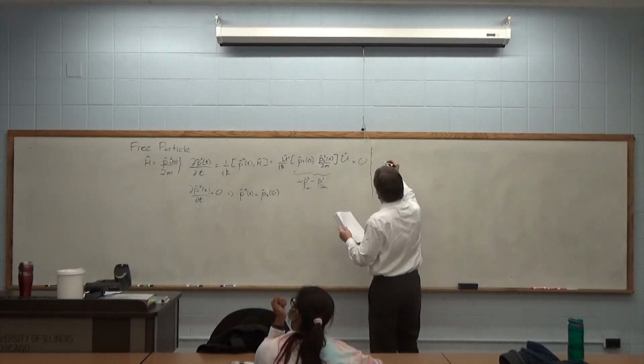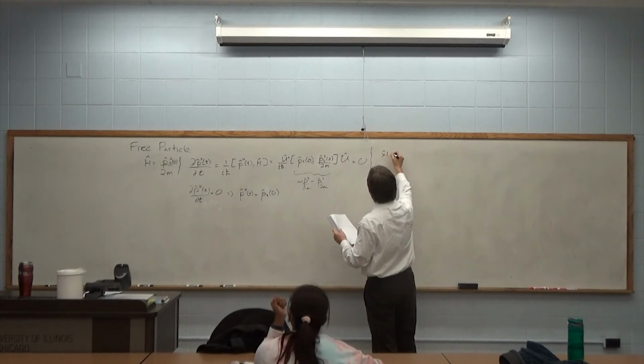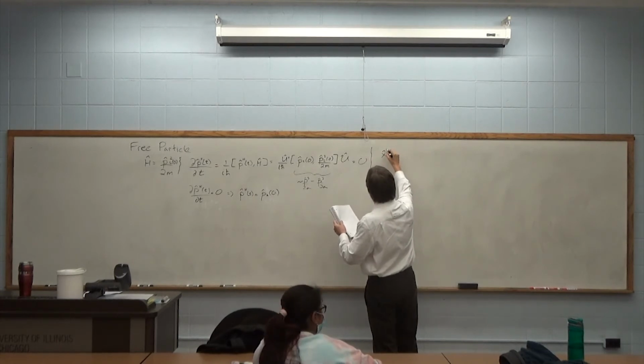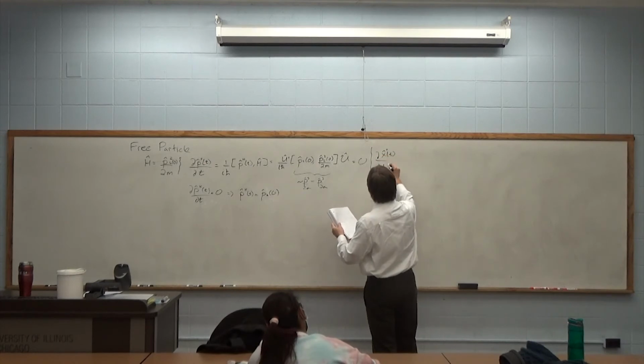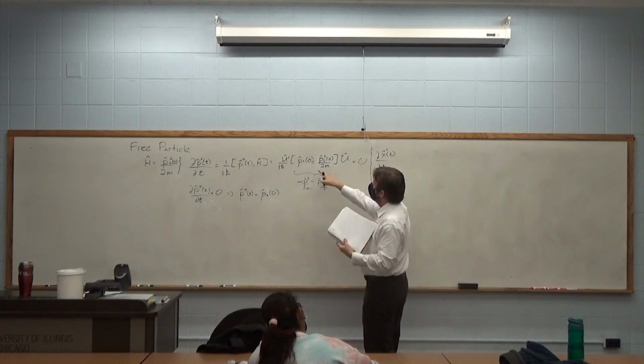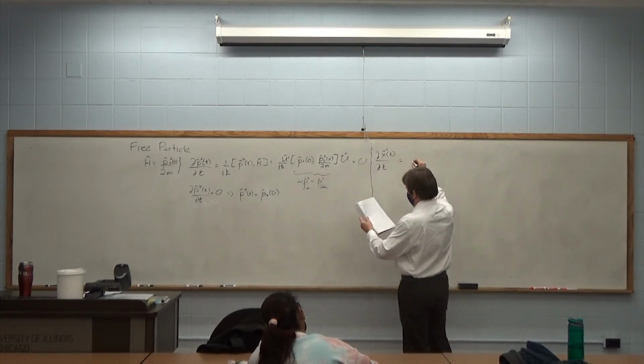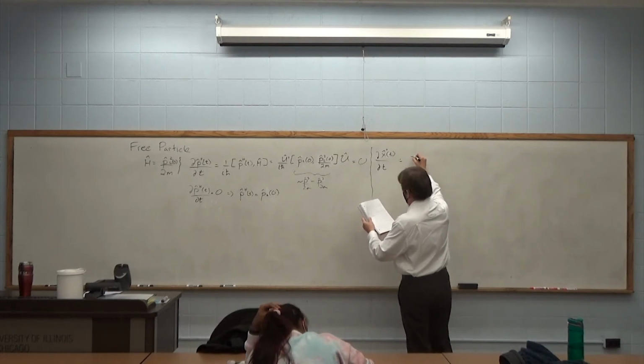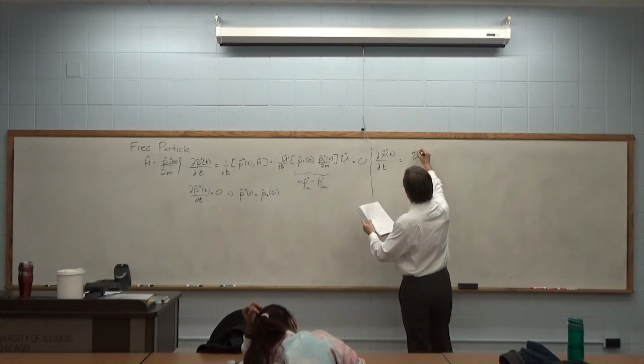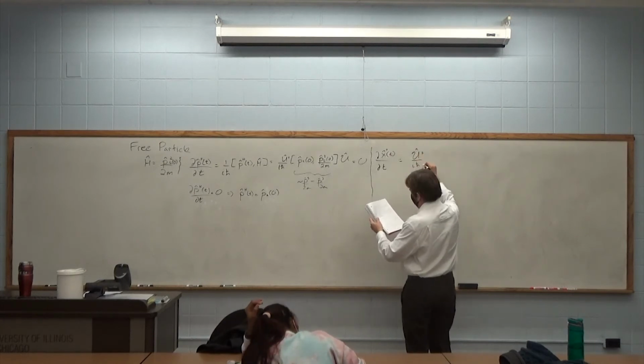Okay, this is going to be different. Heisenberg, little h. This one is different because what do you think is going to happen here? Let me just write all this out.